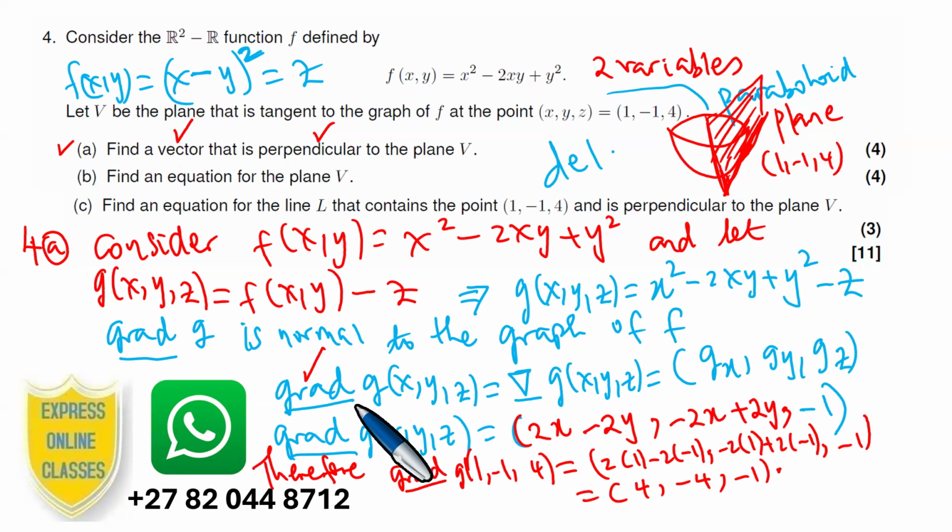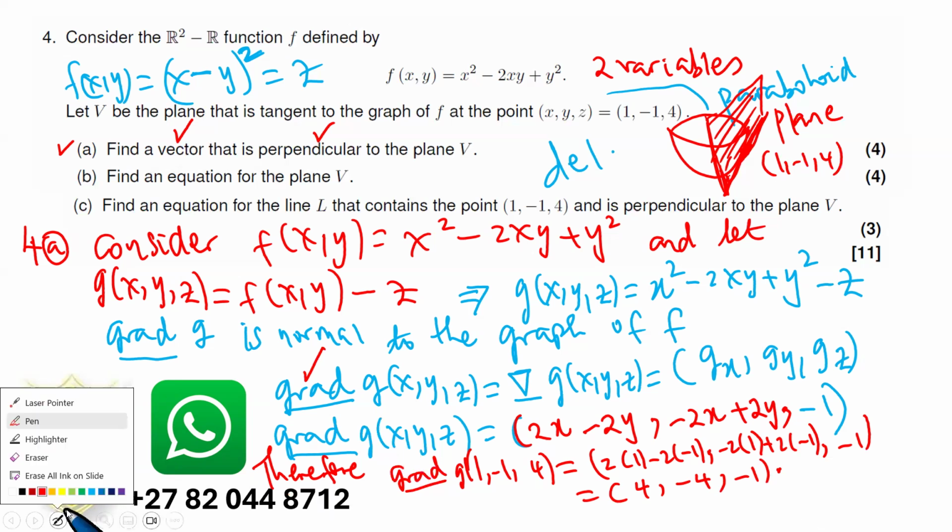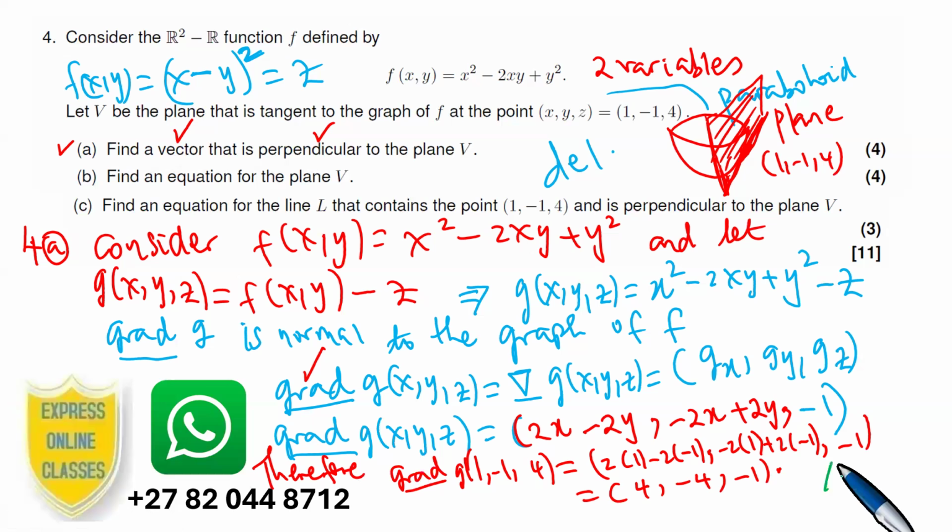Any question on this one? So this is the vector that we have got. Now we have solved question A.